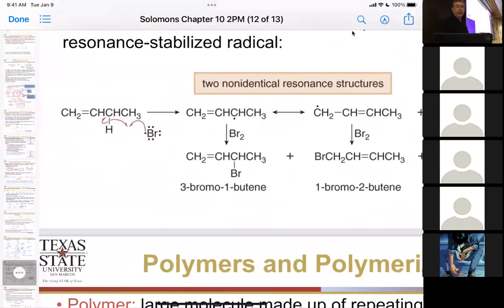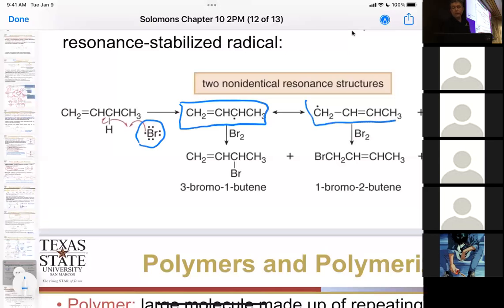And so we have, again, our bromine radical, which we've generated in the system by taking just a little bit of that bromine and getting it to react. We're going to do hydrogen abstraction, and that gives us this radical and this radical. If the bromine reacts with this one, we're going to get the 3-bromo. If the bromine reacts with this one over here, we're going to get the 1-bromo.